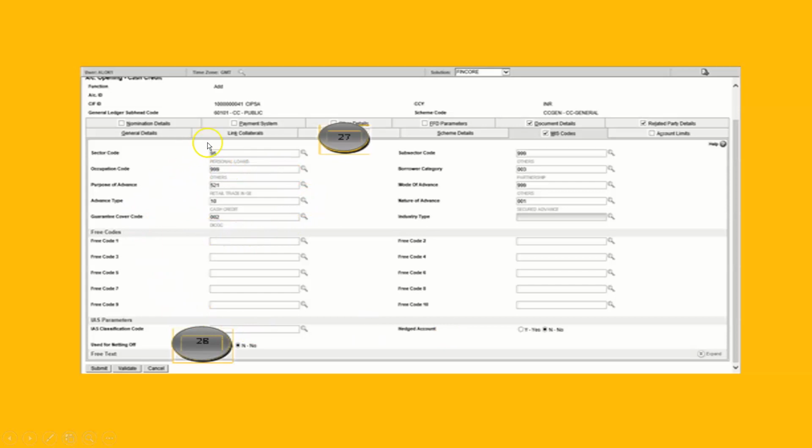So you get this MIS code here, various sector code, occupation code, purpose of advance, type of advance. All these are very important. And from the bank's point of view, please be very careful, because otherwise the bank will be getting a lot of wrong information, right? In some banks, they have this new code here for giving grace period for stock statement also in the system.